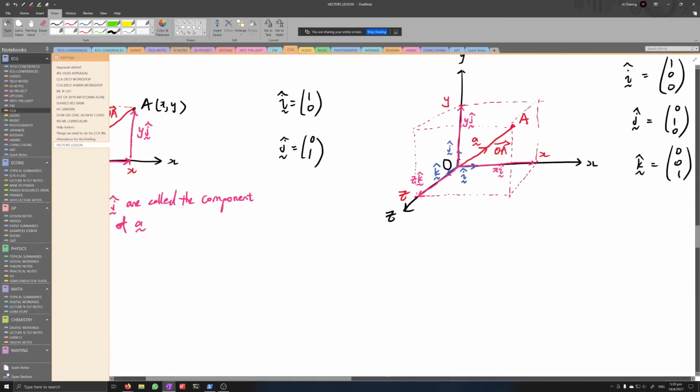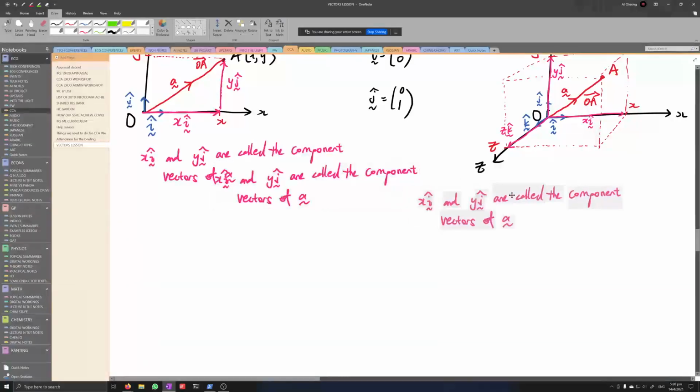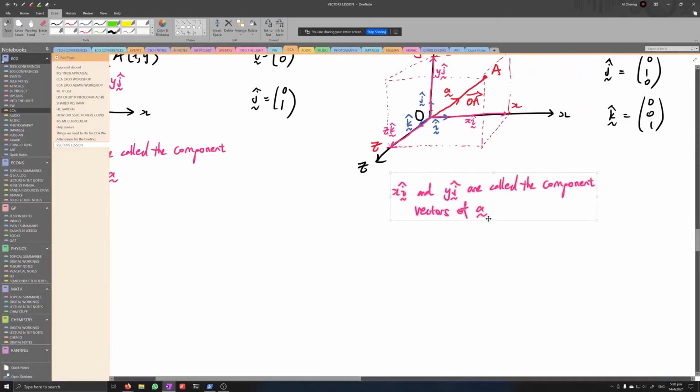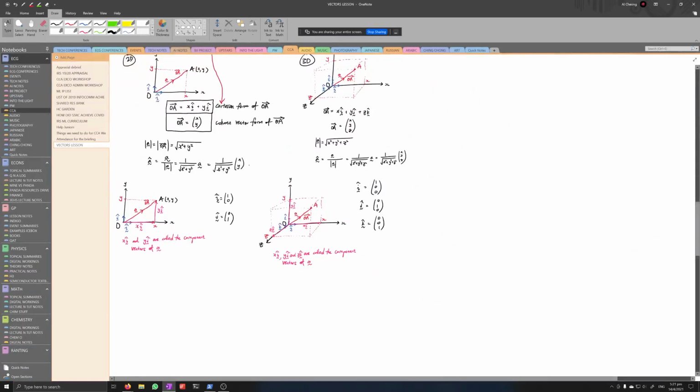Again, these are component vectors. Okay, so there's some basic vector math.